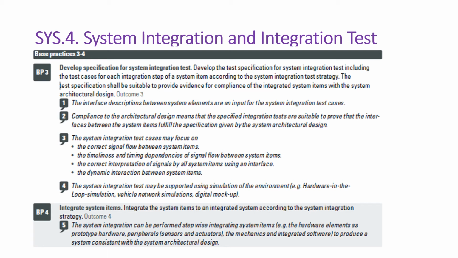So what is the sequence of it? Here is one note: the system integration can be performed stepwise, integrating system items. For example, the hardware elements as prototype hardware, peripherals, sensors and actuators, mechanical, and integrated software, to produce the system consistent with the system architecture.